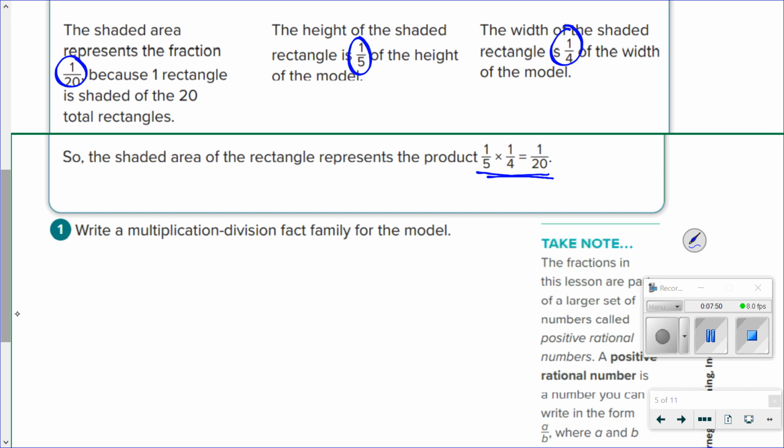Let's use whole numbers. So if I said 2 times 5 is 10, how could I make that into a division problem? What were you going to say? I was going to say that multiplication and division are related because they both have groups, and sometimes it's easier adding groups or subtracting groups.